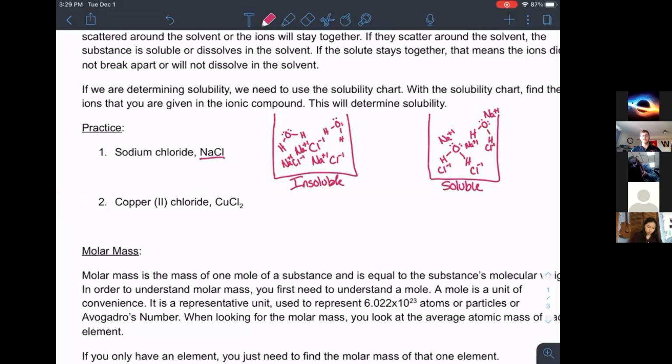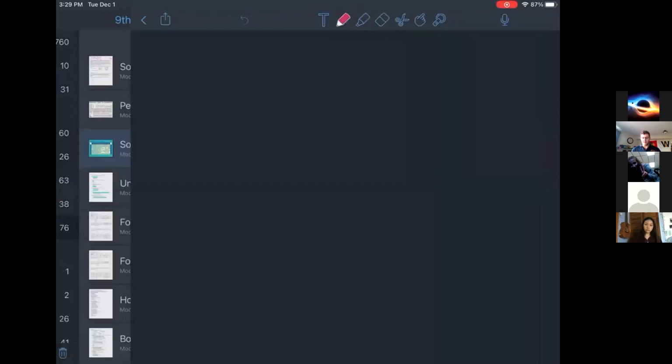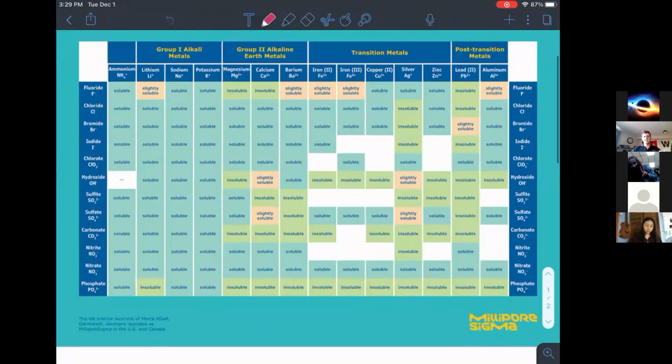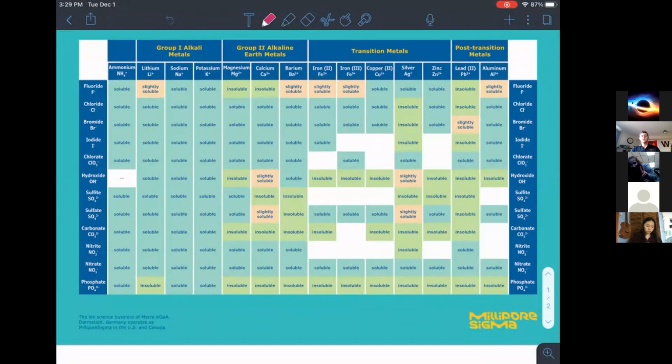Are there any questions on what that difference means between soluble and insoluble? All right. So when we're determining our solubility, we are going to look at our solubility chart. We're going to use this solubility chart to determine if it's soluble or insoluble.